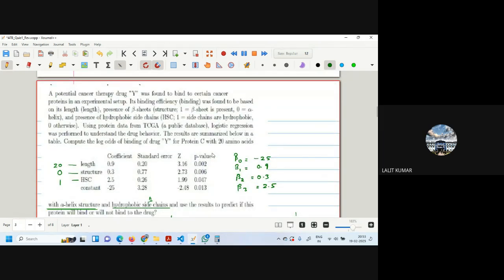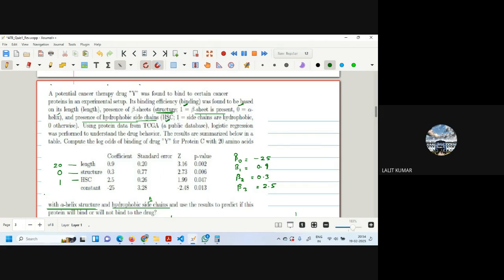This question is slightly tricky because we have to read the question carefully. It is a logistic regression problem. A potential cancer therapy drug Y was found to bind to certain cancer proteins in an experimental setup. Its binding was found to be based on its length L, presence of beta sheets, called structure, which takes value 1 if the beta sheet is present, or 0 if it is an alpha helix, and presence of hydrophobic side chains, written as HSC.